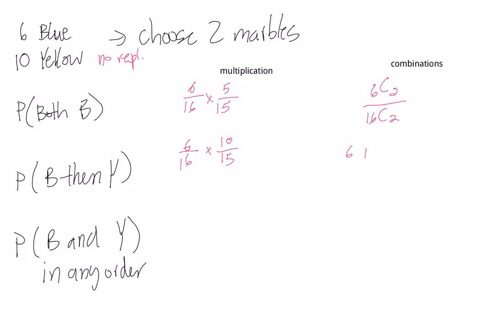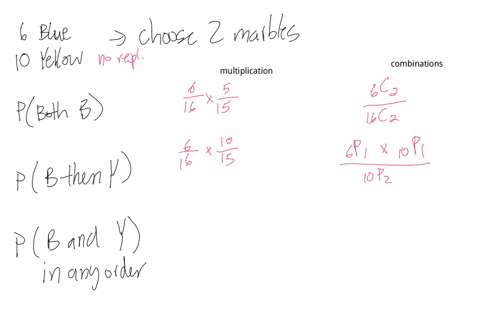So we want to use P notation. So 6P1, and then we want 1 yellow, so 10P1, out of 2 out of the 10, where order matters, we'd use 10P2.